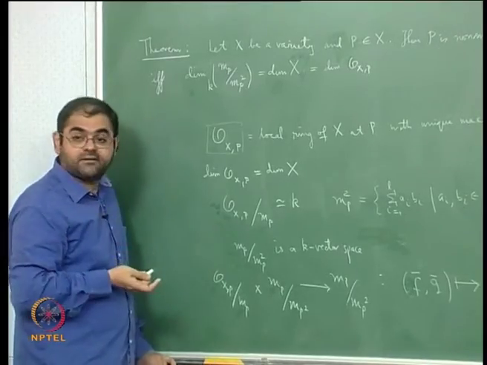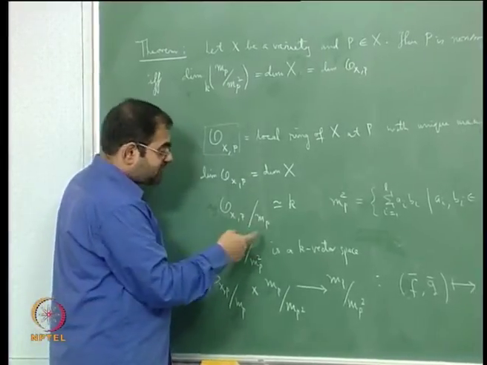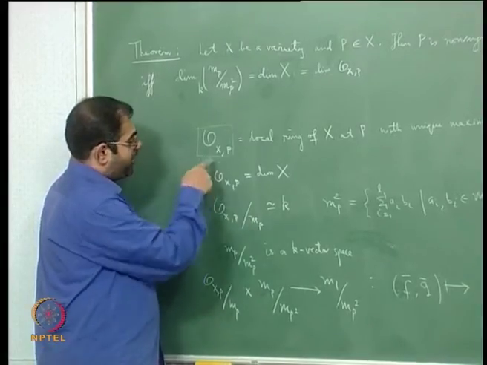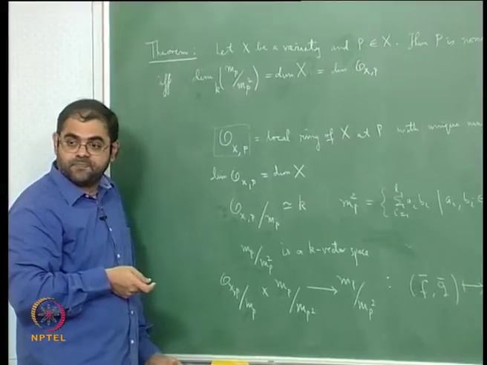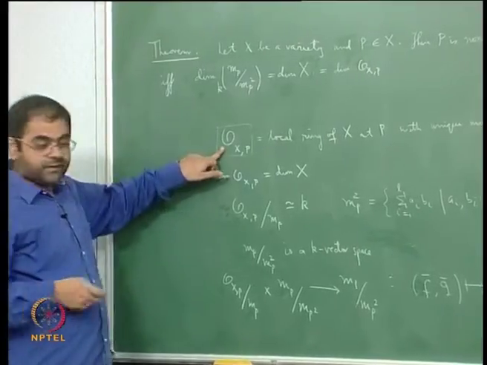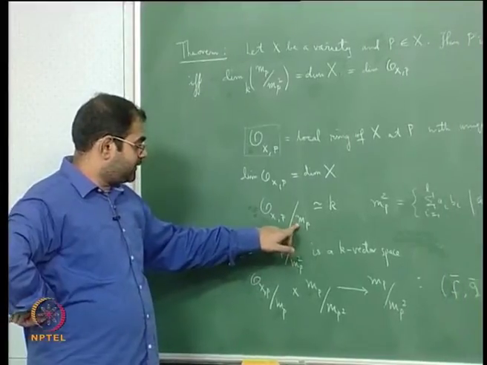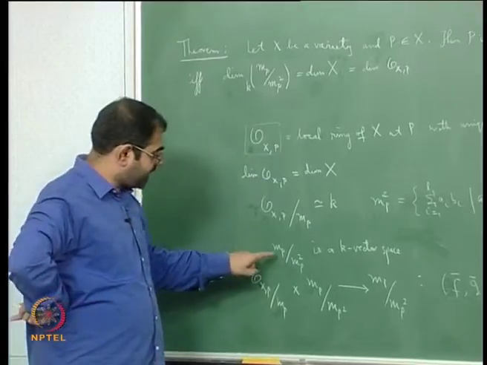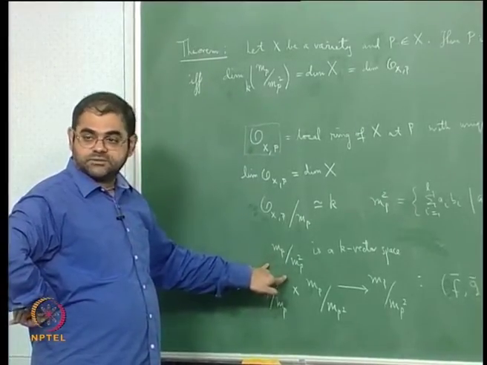It is certainly a finite dimensional vector space, because after all OXP is a Noetherian ring, this local ring is a Noetherian ring, and this ideal MP in this Noetherian ring is finitely generated. You take a set of generators and take their images here, they will give you generators for this quotient.